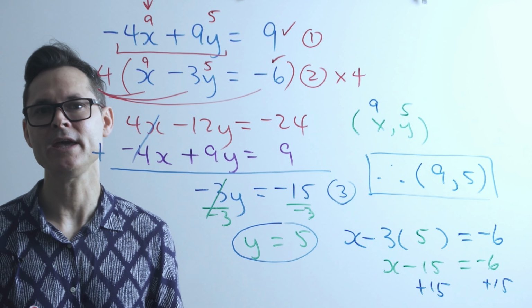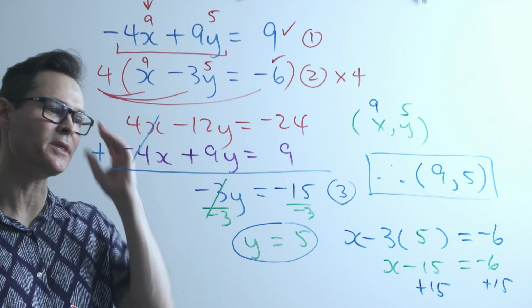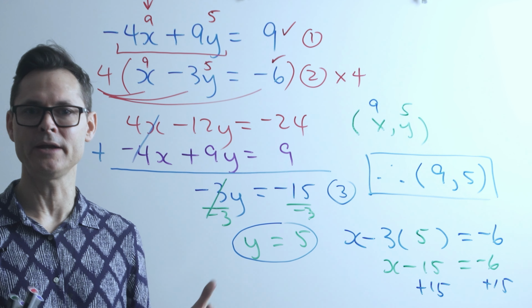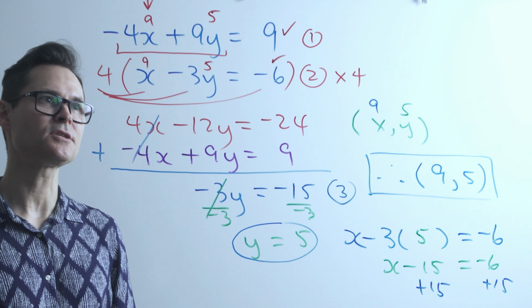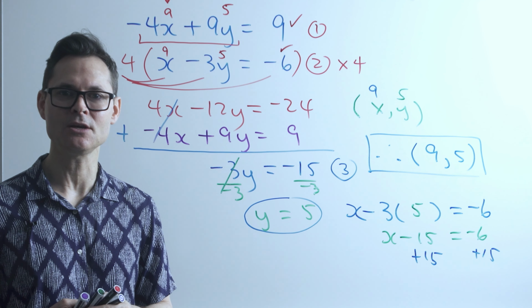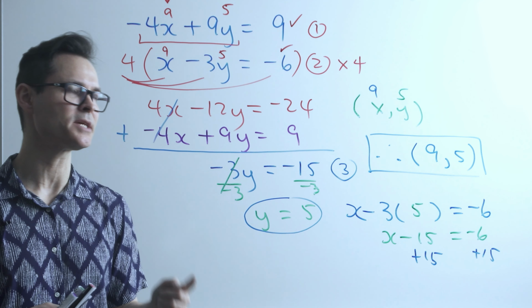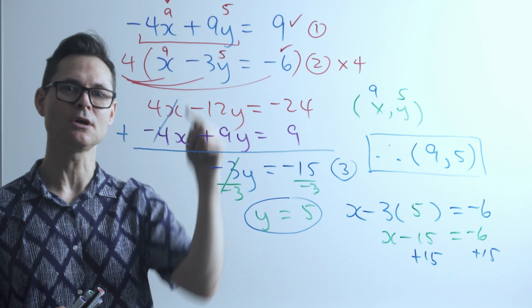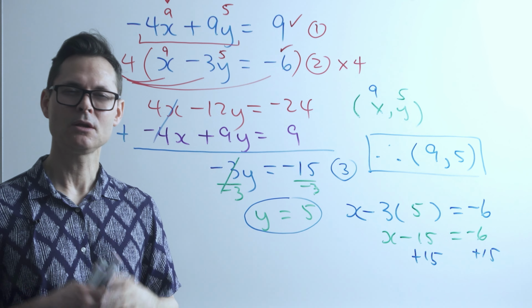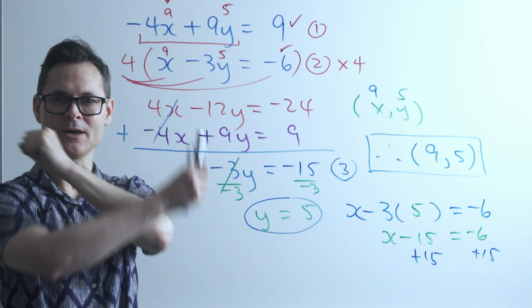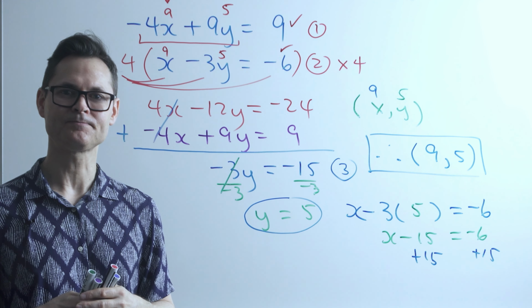Okay, so that's the way that we go about doing something called elimination. It's one of a few methods to solve systems of linear equations. And don't forget that this answer represents the point of intersection when those original lines are put on a graph. They'll meet at this location.